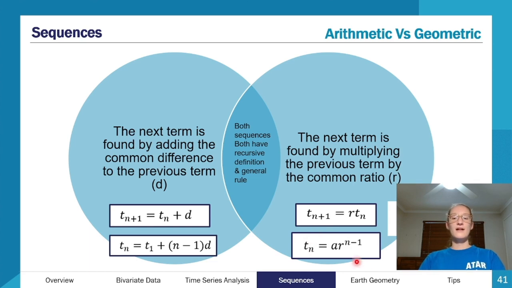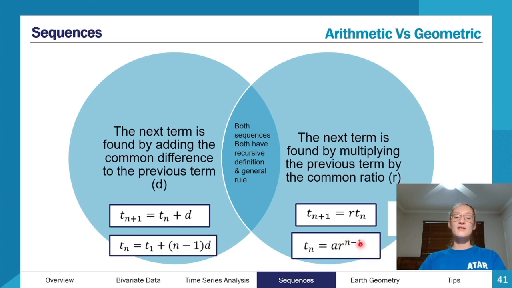Coming over here, we've got our general rule for our geometric sequence. We have Tn = A. Remember, A is the same as T1. It's our starting point. A is T1, so that's our starting point, multiplied by R, which is our common ratio, to the power of n take 1.